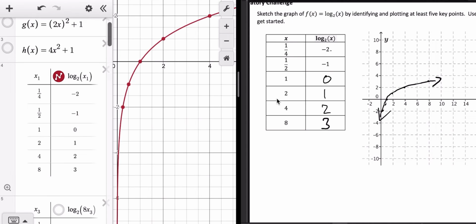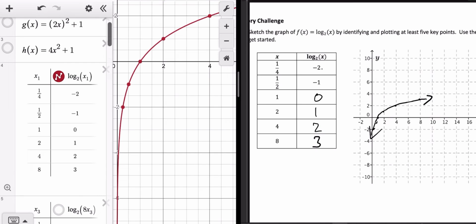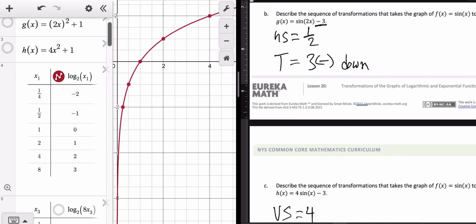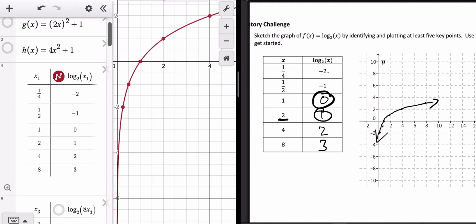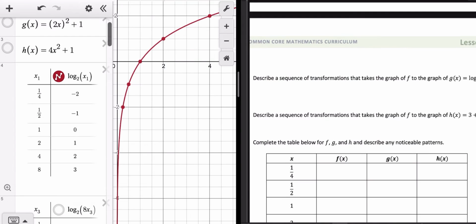Well, that is 1. What power of 2 is 1? Well, that is 0. Anything to the power of 0 is 1. So just little logs. All right, let's go on to the next one. I'll try not to graph those anymore. I'll just let Desmos do it for you.